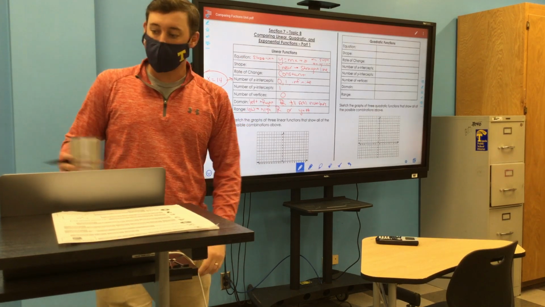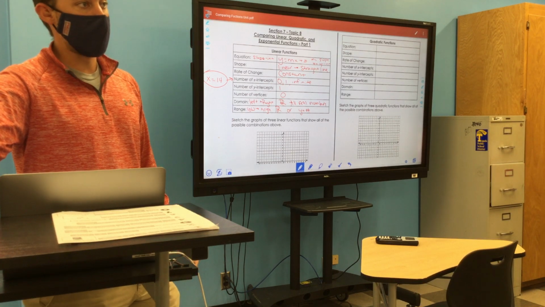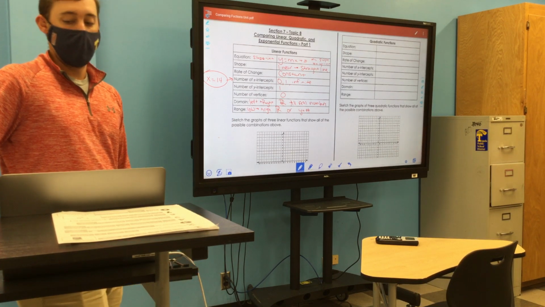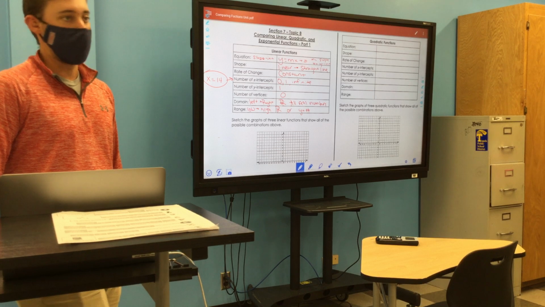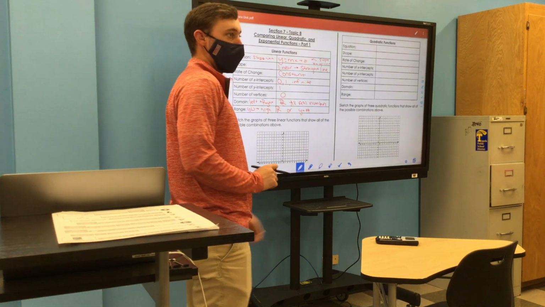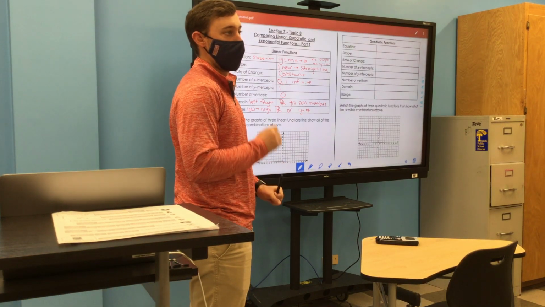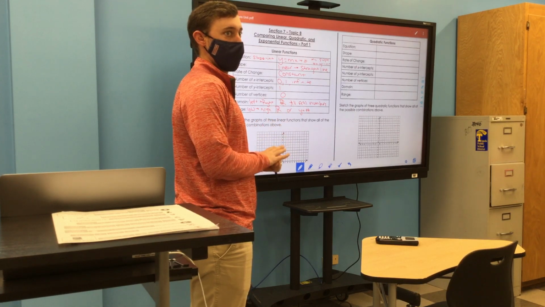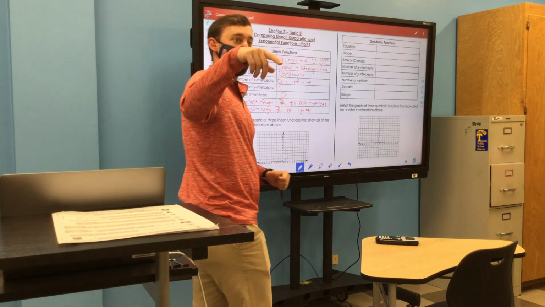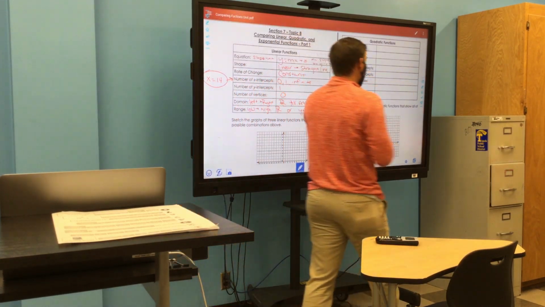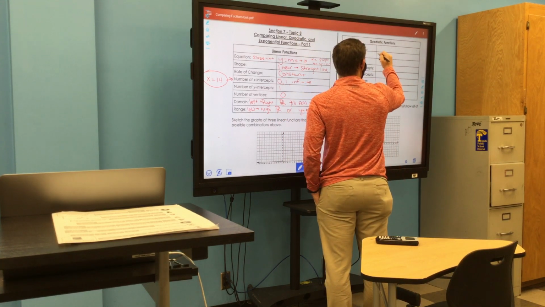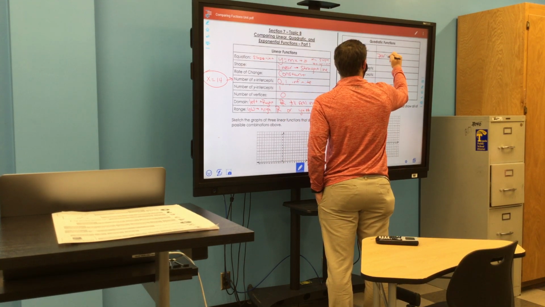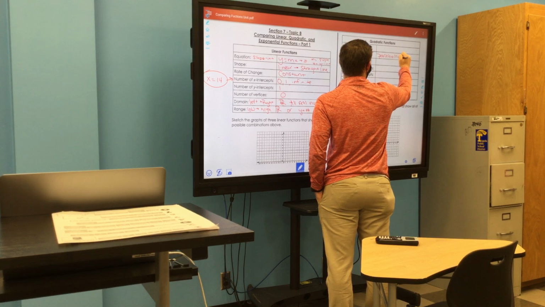So thinking about a quadratic, what type of graph does a quadratic make? Does anybody remember the shape, what we called that? It had a weird name for a quadratic. Yeah, it's got the U. Do we remember what that's called? A parabola. Okay, so our shape here is a parabola. That's how it's written.